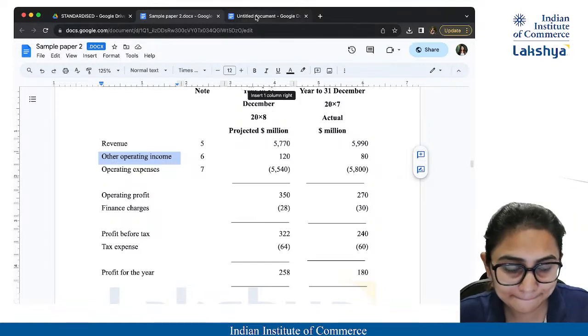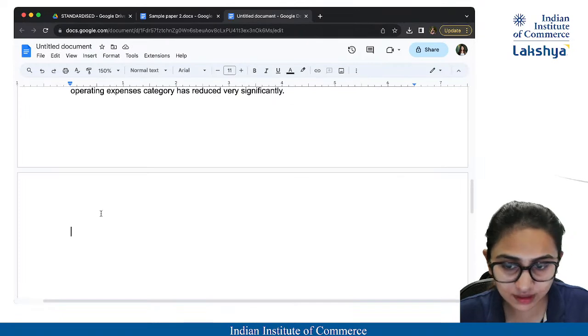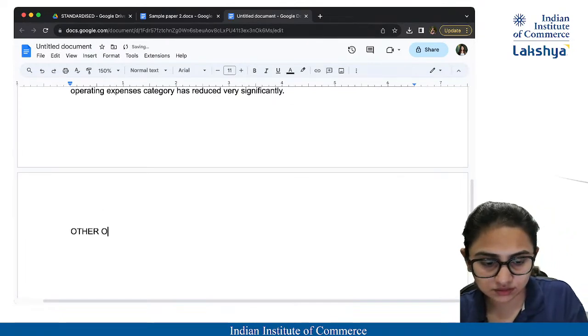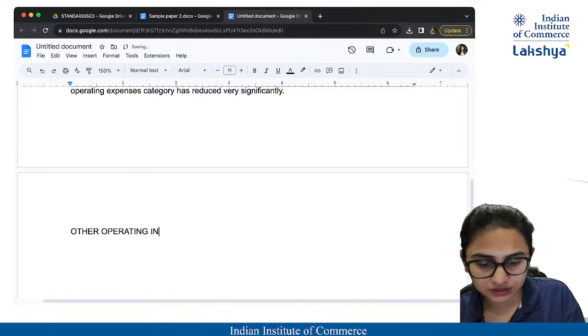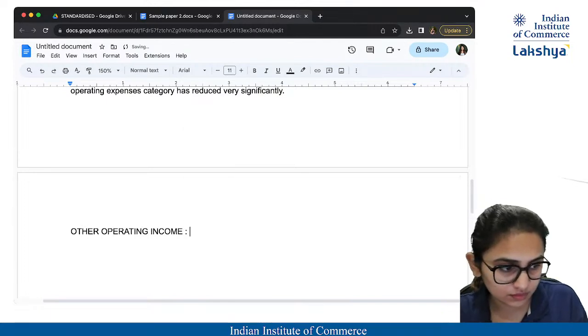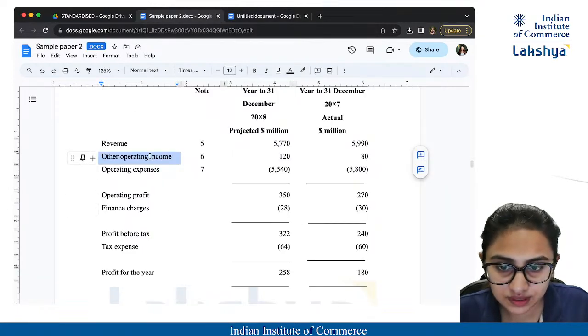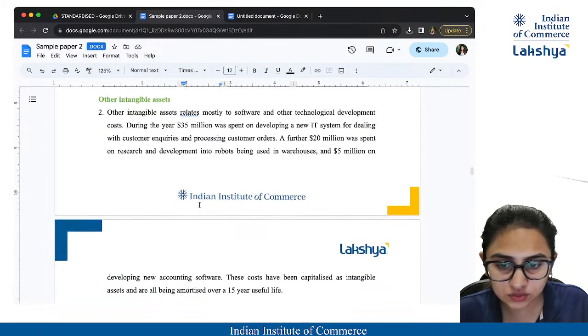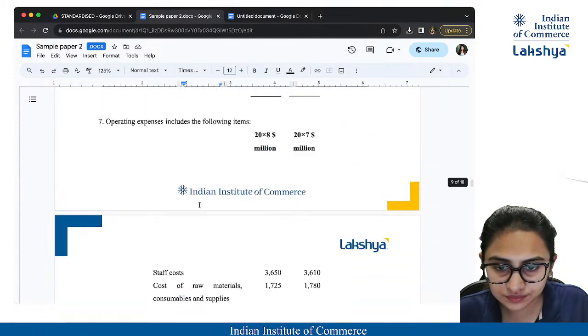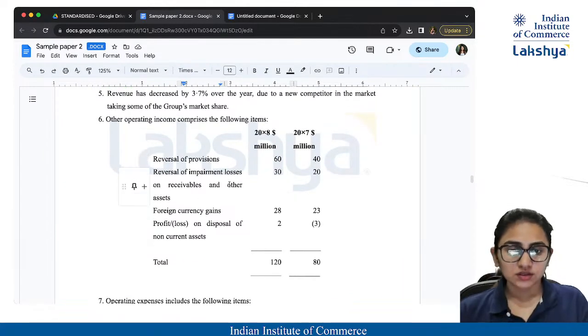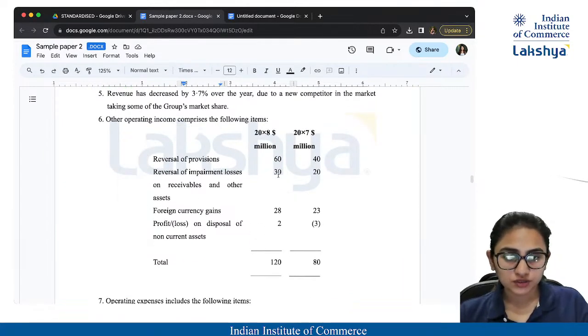So the next heading I'll give is other operating income. And this information about other operating income is in note 6. So let's read note 6. In that you have reversal of provisions, reversal of impairment losses on receivables and other assets, foreign currency gains, and total.